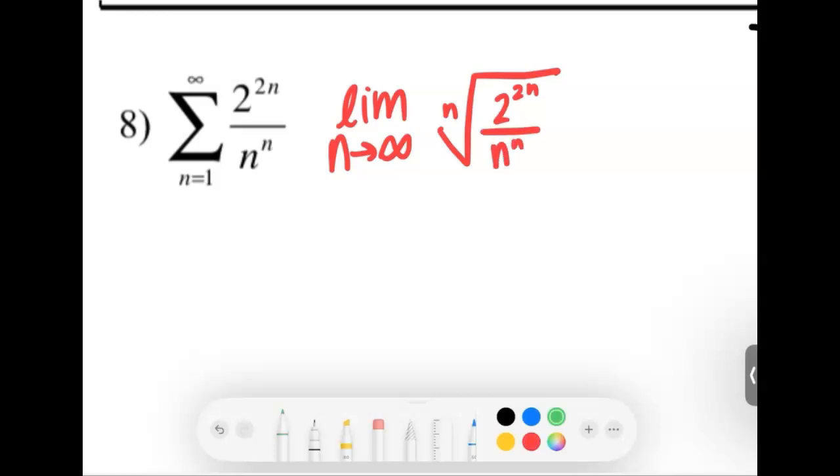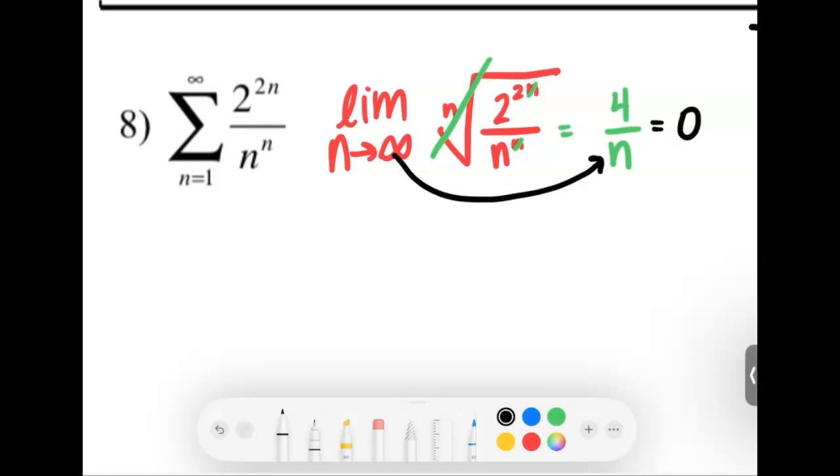And what the nth root does, think about this as like powers and roots undo each other. So this nth root cancels out the n powers. So this is actually equal to 2 squared, which is 4 over n. And now when we plug in our infinity, we get 0.